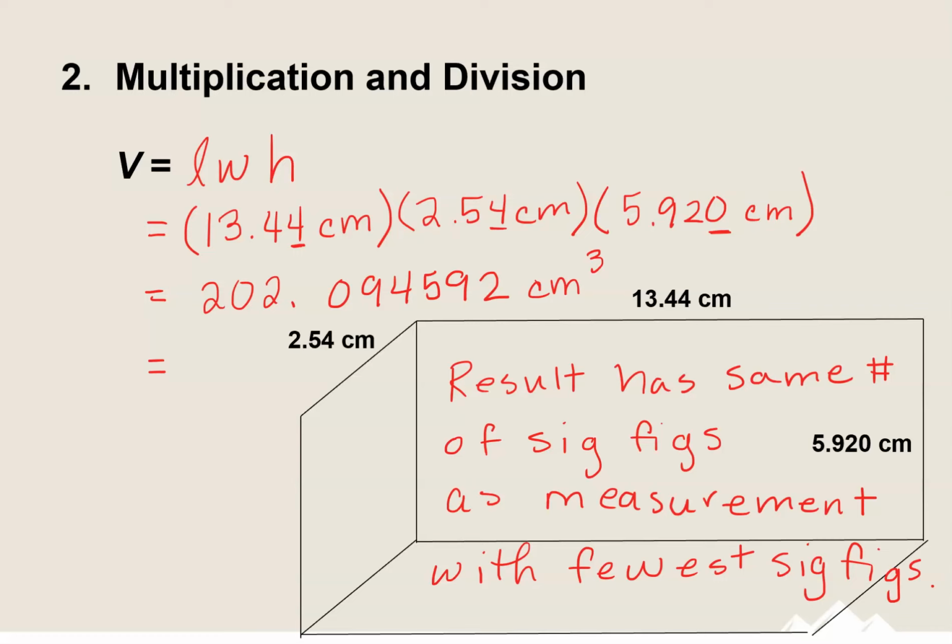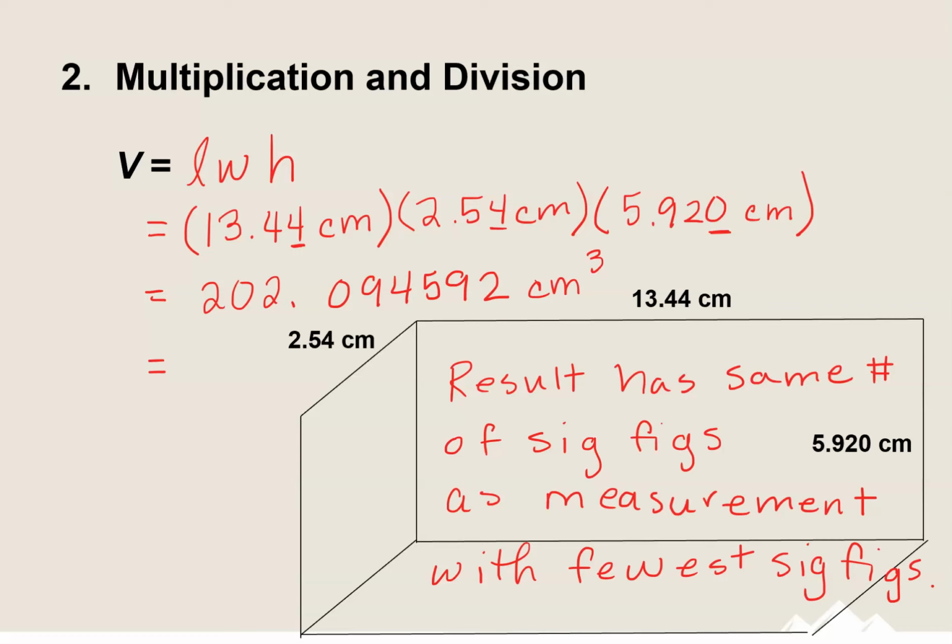So in this particular case, let's see how many digits we should keep. In 13.44 centimeters, I see 4 significant figures. In 2.54, I see 3 significant figures. And in 5.920, I see 4 significant figures.